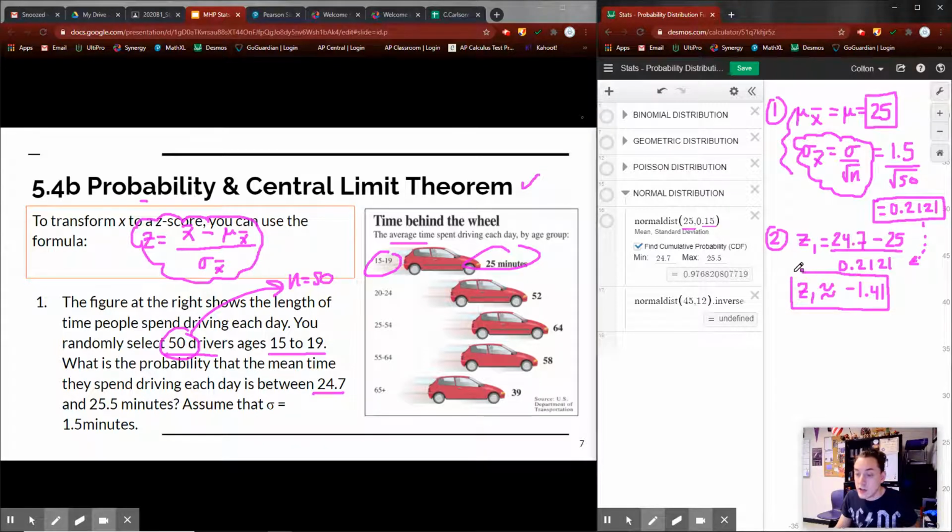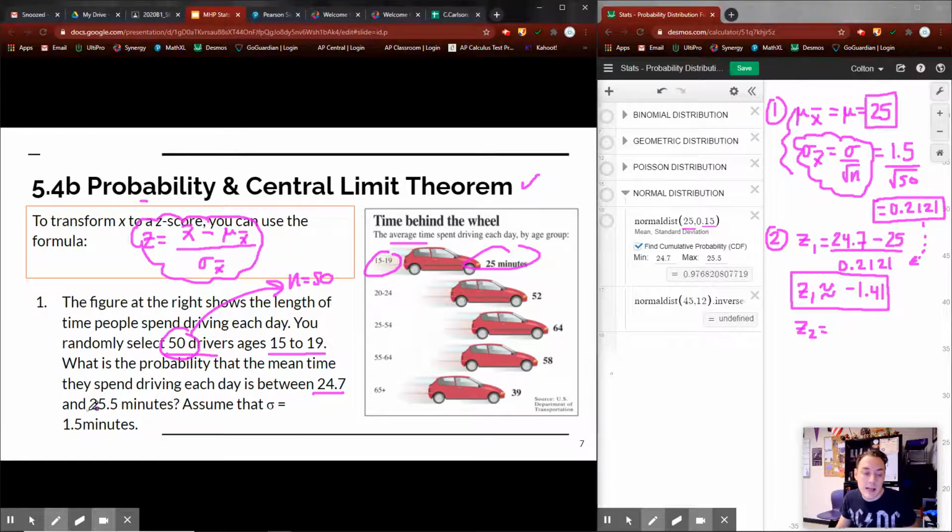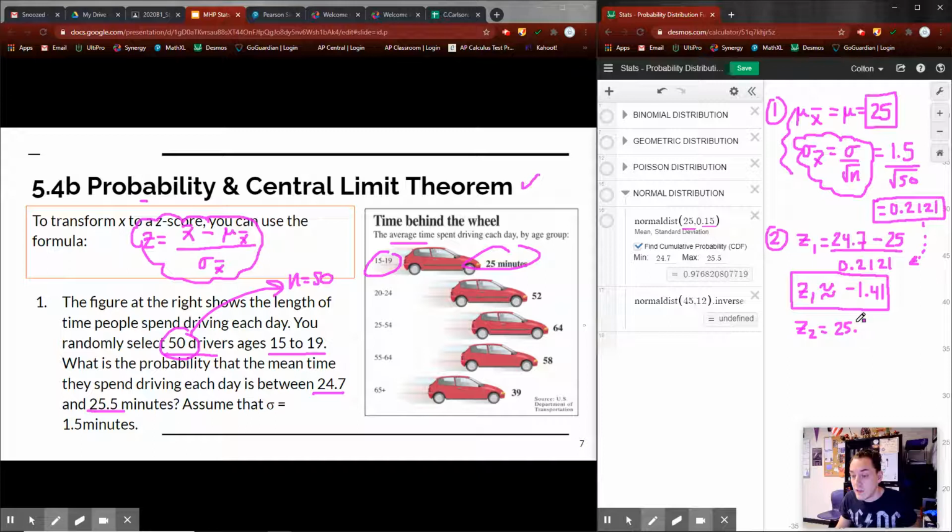Now, I'm going to show you that you don't need to know this in a little bit, but that's my first z-score. My second z-score, using my second value or my second mean, is going to be 25.5. So I'm going to do 25.5 over here minus 25, the mean of my sample means, or my population mean. It doesn't matter. It means the same thing.